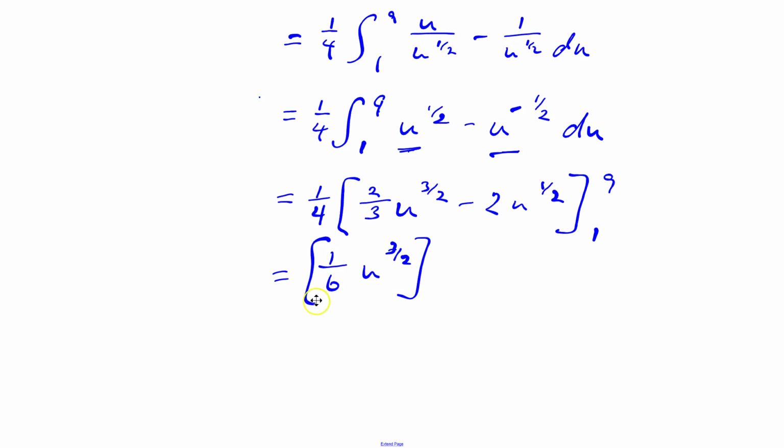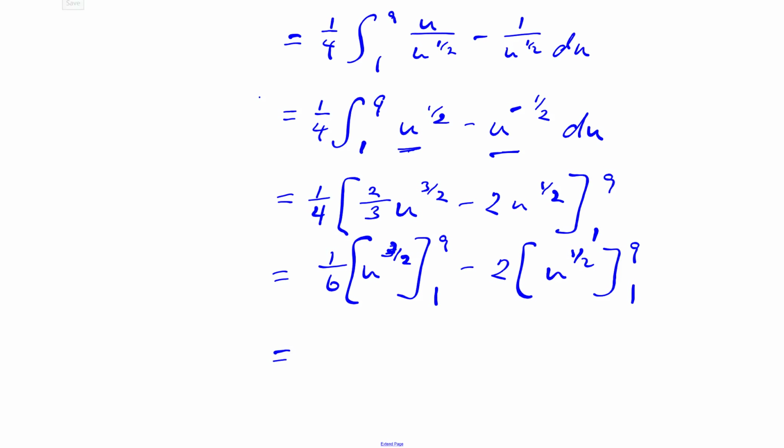Let me try that again. Move that bracket and put it right there. How's that for clever? And we'll multiply the result of evaluating u to the 3/2 at 9 and 1 in a moment. And then here I'm going to put the 2 out front, and then we've got the u to the 1/2, and we've got 9, and we've got 1.